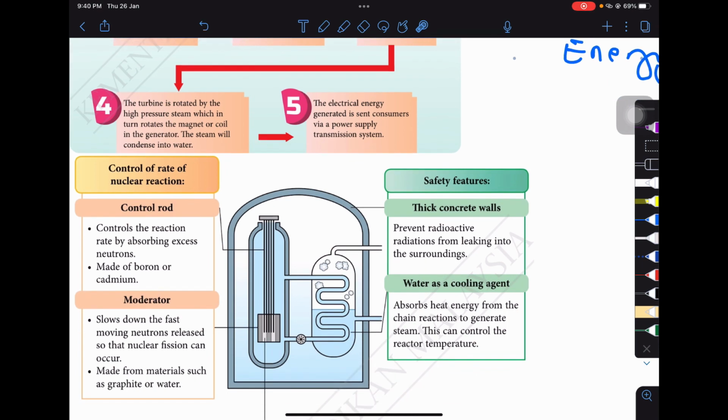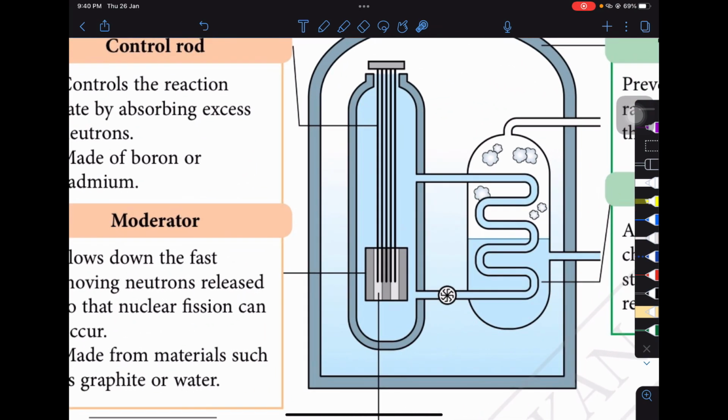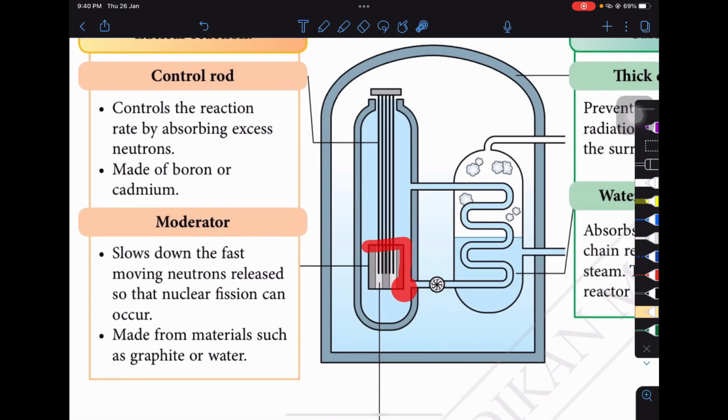And then we have the moderator. What's the function of a moderator? It slows down the fast moving neutrons.